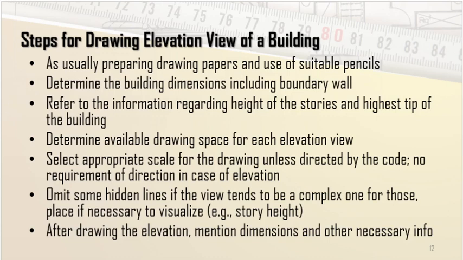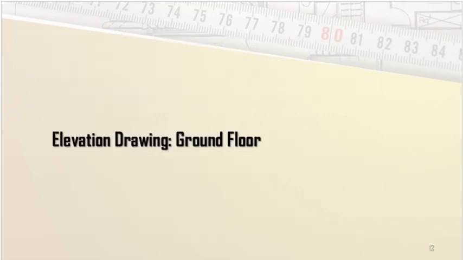So we'll be starting with our previous plan, and today we'll be drawing the elevation view of that particular plan. So now we'll be watching first up to the ground floor portion elevation drawing, how to draw.